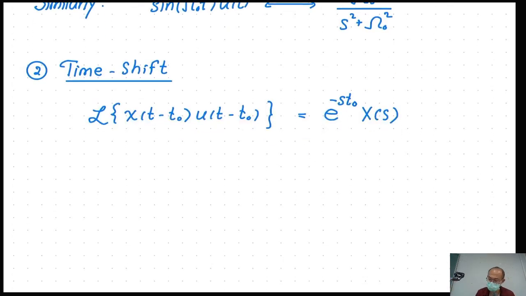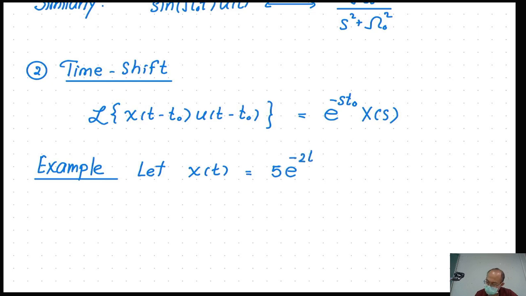All right, so let's do some examples. Let x(t) equal 5 e to the negative 2t u(t minus 2), and y(t) equal 5 e to the negative 2 (t minus 2) u(t).